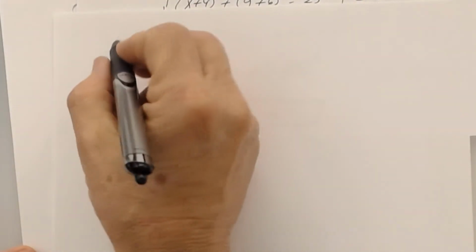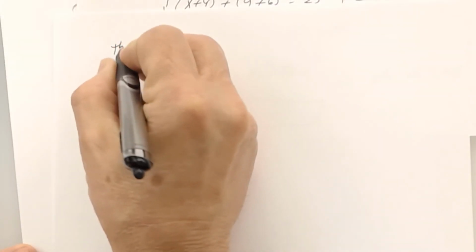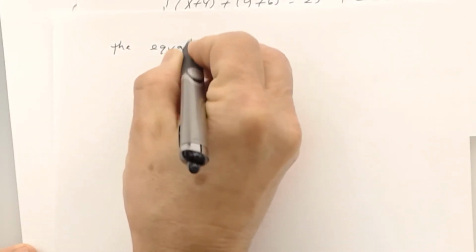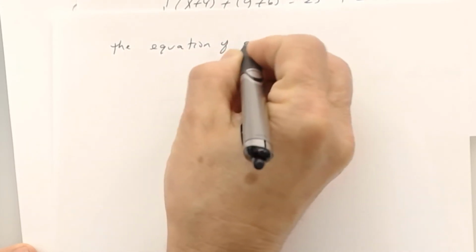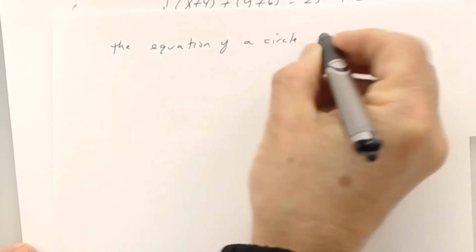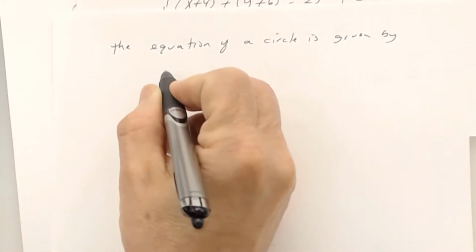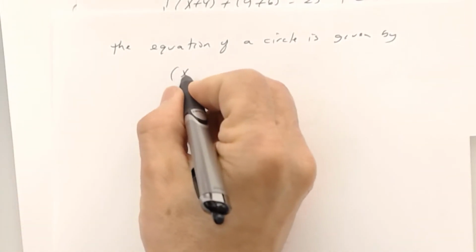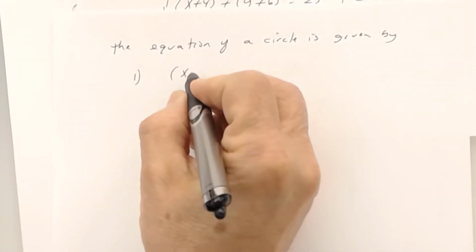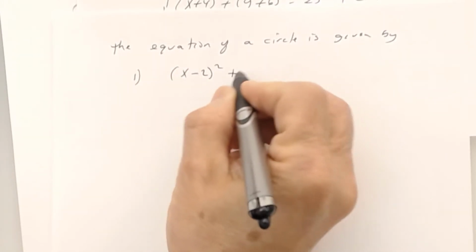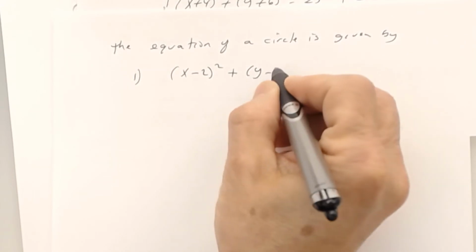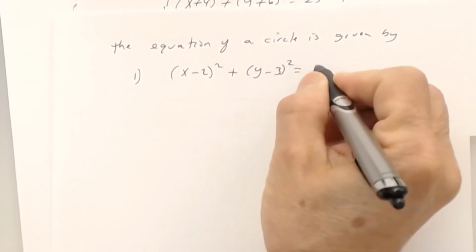All right, suppose I tell you that the equation of a circle is given by, let's say, number 1: x minus 2 squared plus y minus 3 squared equals 9.